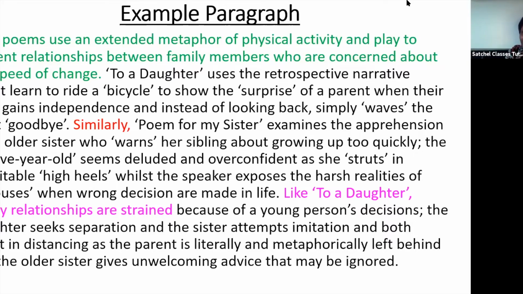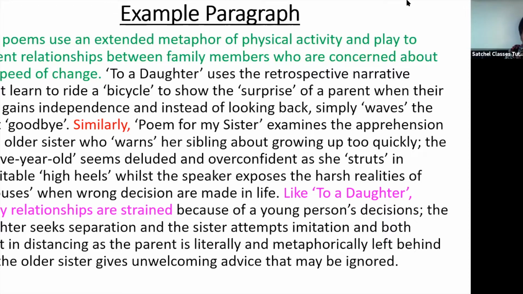The 12-year-old seems deluded and overconfident as she struts in unsuitable heels, while the speaker exposes the harsh realities of calluses when wrong decisions are made in life. So you can see again those embedded quotations introducing evidence to support the idea that there's an apprehension, there's a concern, there's a worry. The family relationship is strained because of worry from the family members.